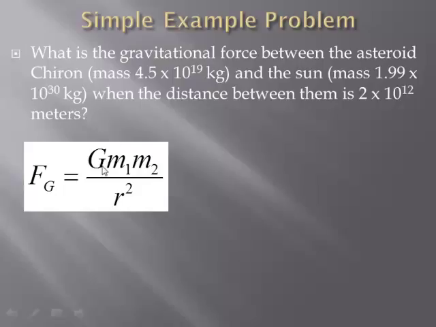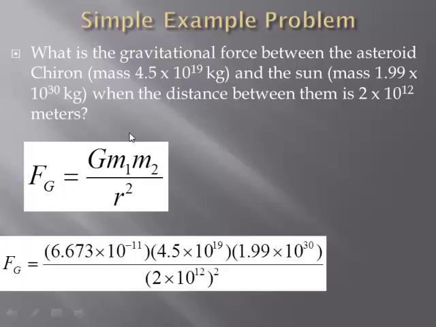And then M2 is the mass of the asteroid, and M1 could be the mass of the Sun. And then R is the distance between them. So you just plug in those numbers, make sure you're plugging it into your calculator correctly, and you get 1.5 times 10 to the 15th newtons.